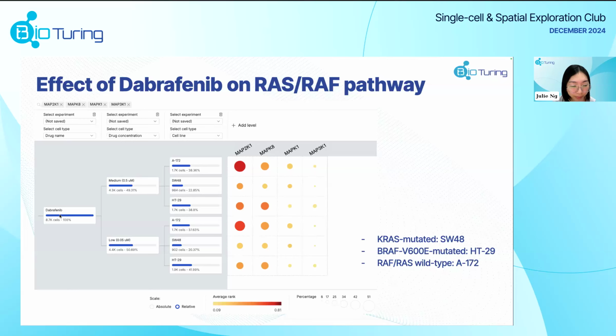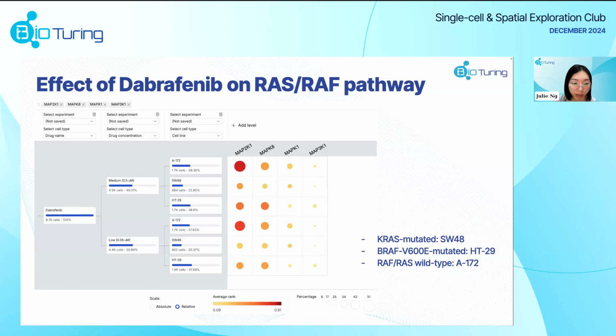So again, what we're looking at here is our 3 different cell lines at 2 different concentrations treated with the drug dabrafenib. And not only can we look at the expression of MAPK1 across these 3 different cell lines, we can also look at the expression of other MAP genes such as MAP2K1, MAPK8, and MAP3K1.